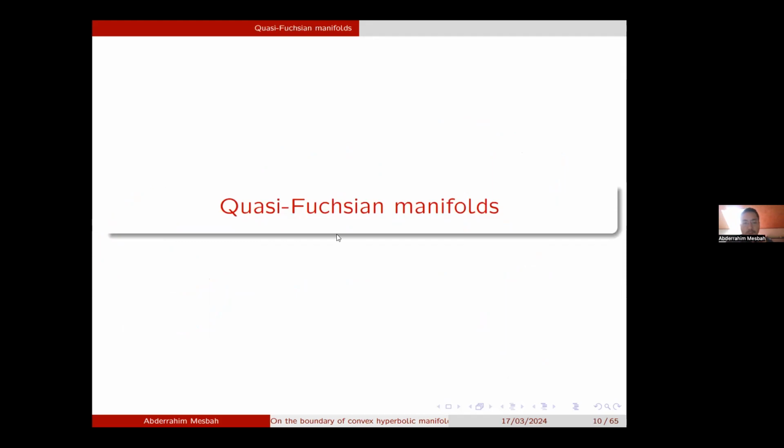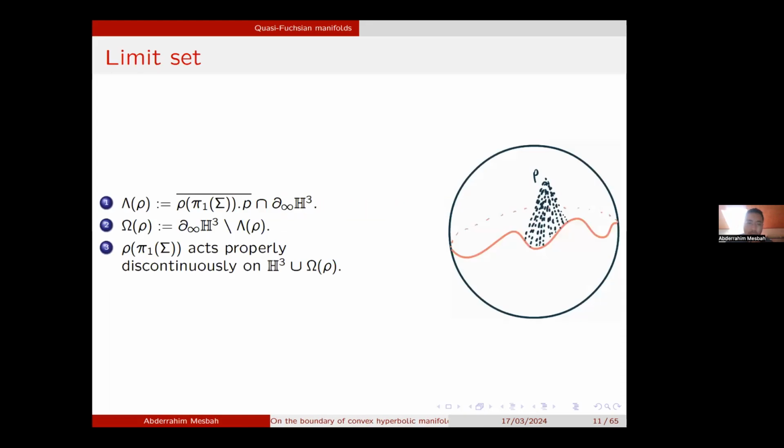Now we will define quasi-Fuchsian manifolds, which will be our main objects during all of this talk. First, to define this, let's define what the limit set of a representation is.